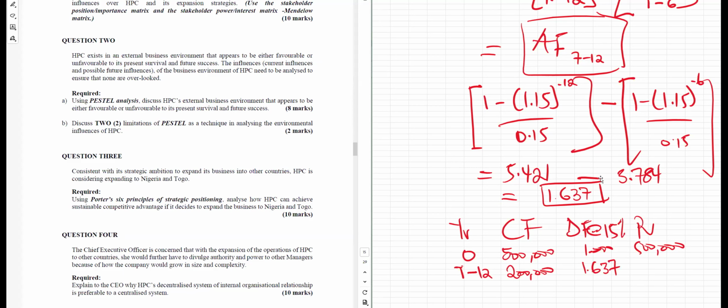That's 200,000 by 1.637, which is only 327,400. So if I invest 500,000 and get 327,400, is it a good or a bad investment? A bad investment, because the outflow is more than the inflow. So that is it.